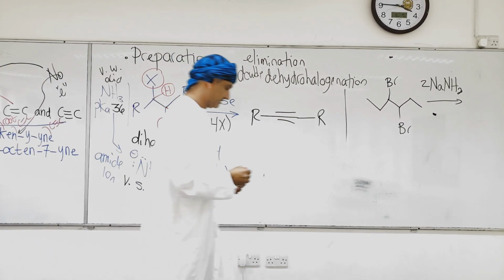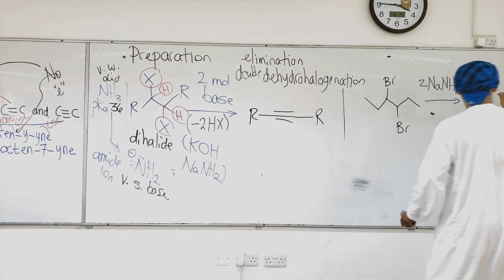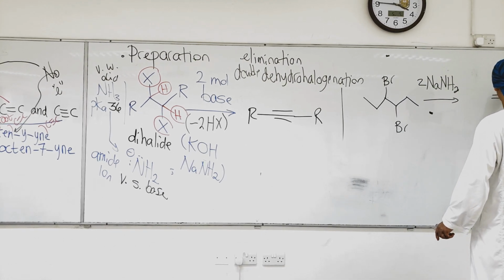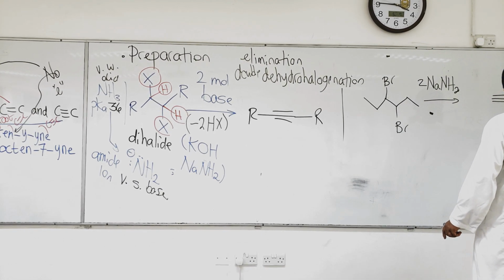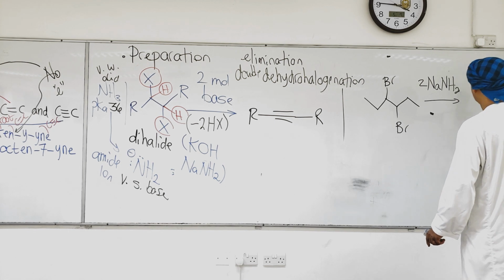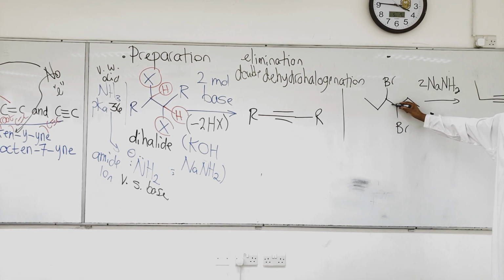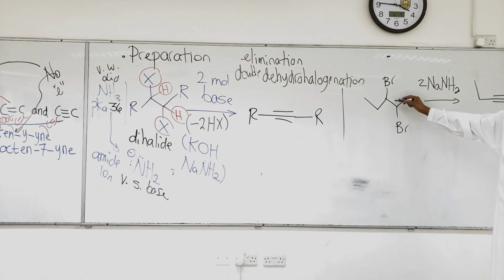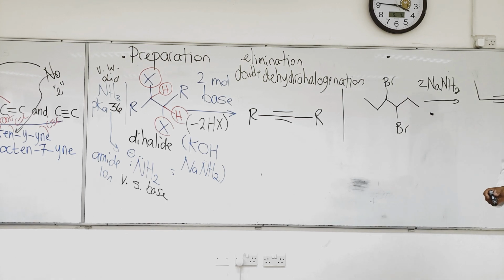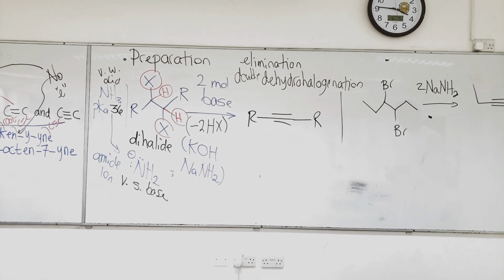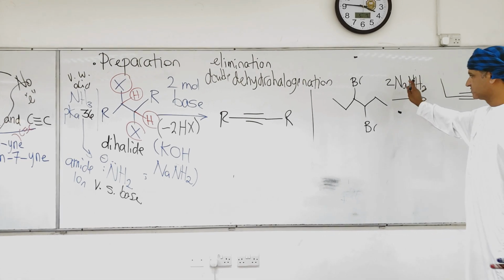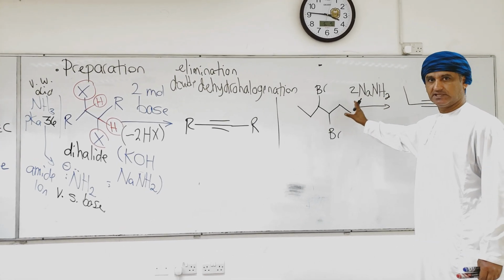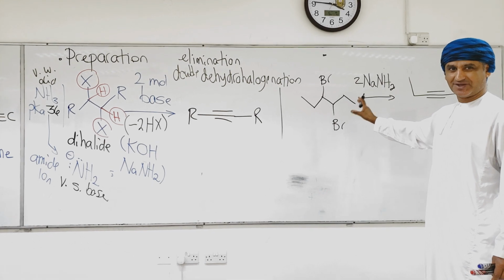Let's go back to this example. The product will be the corresponding alkyne, like that. Okay, so the carbon-carbon triple bond will be between these two carbons that have the two bromine atoms. Now, the first mole of sodium amide will result in loss of the first mole of HX.